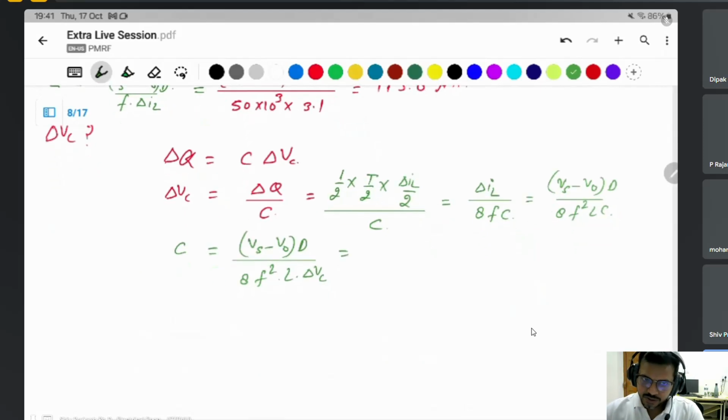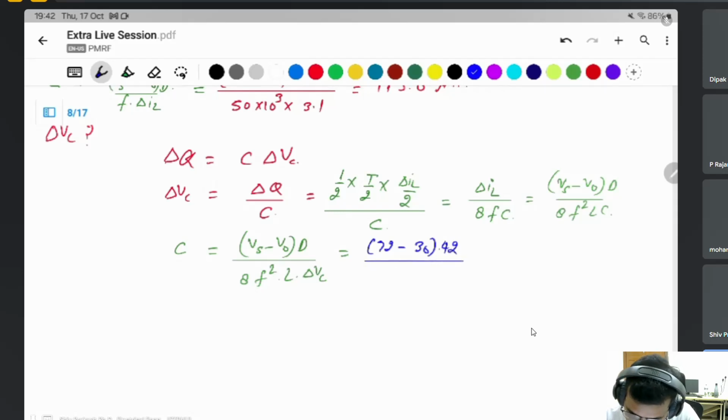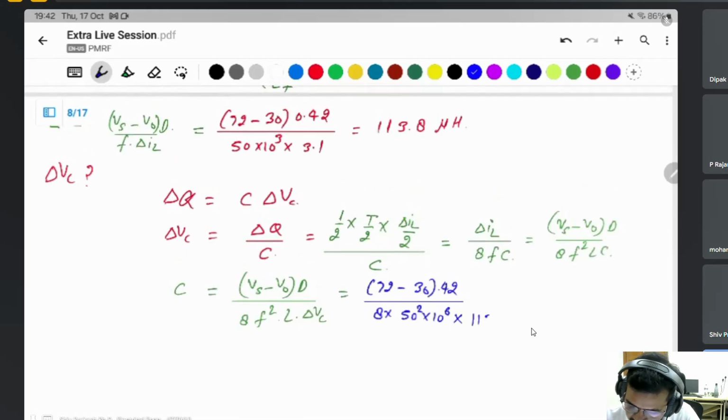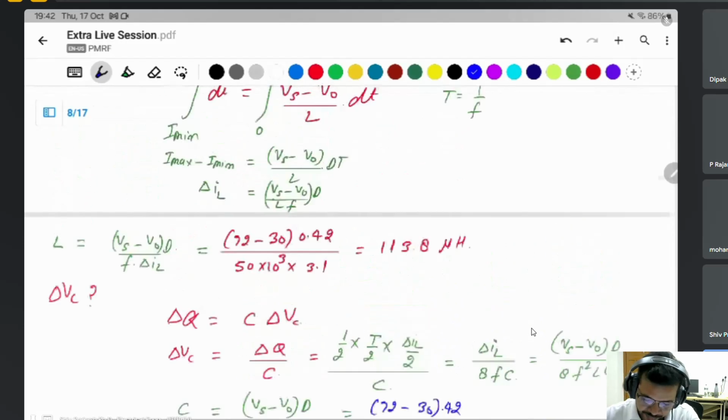We have all of these values. We put here 72 minus 30 volt, 0.42 is the duty cycle, 8 into 50 kilohertz, 50 square into 10 to power 3 square will be 10 to power 6. L I already calculated, 113.8 into 10 to power minus 6 micro, delta Vc 0.03.